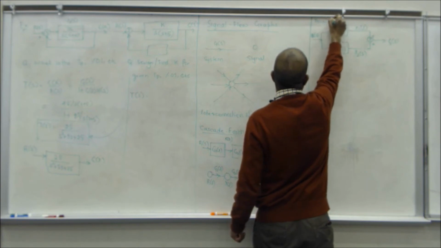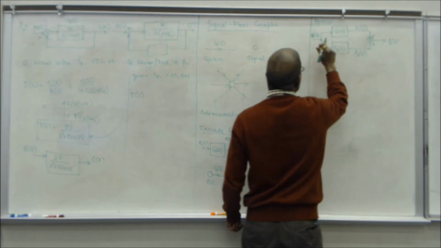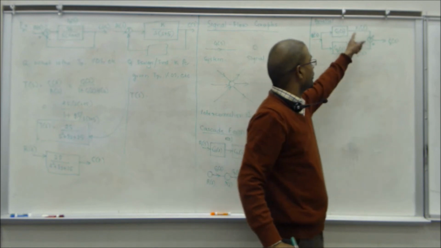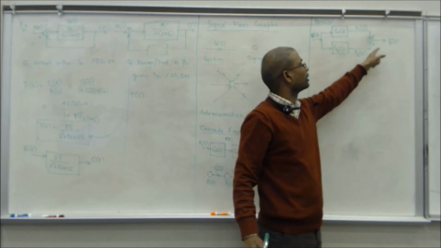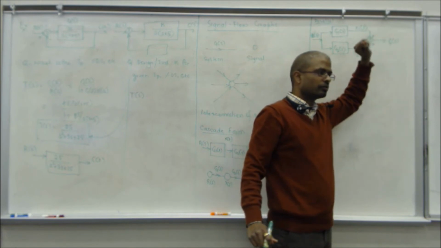You have 4 signals. You see, R of S is 1 because the signal changes here. X1, X2, and then there is C of S. You see it?